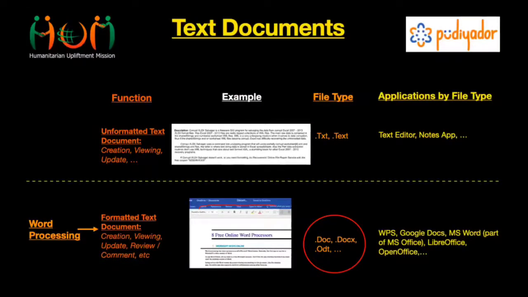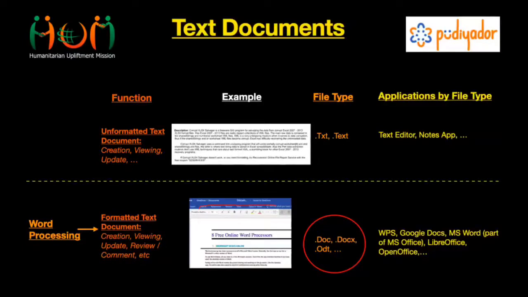Now we come to word processing applications, which are used to write text documents, right? But there are two kinds of text documents. The one on the top is what we call unformatted text. Unformatted text is what you create inside an email. Unformatted text is what you create inside WhatsApp.